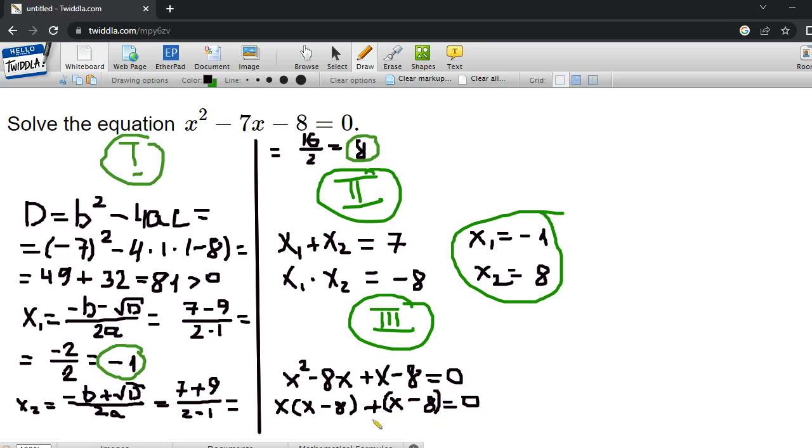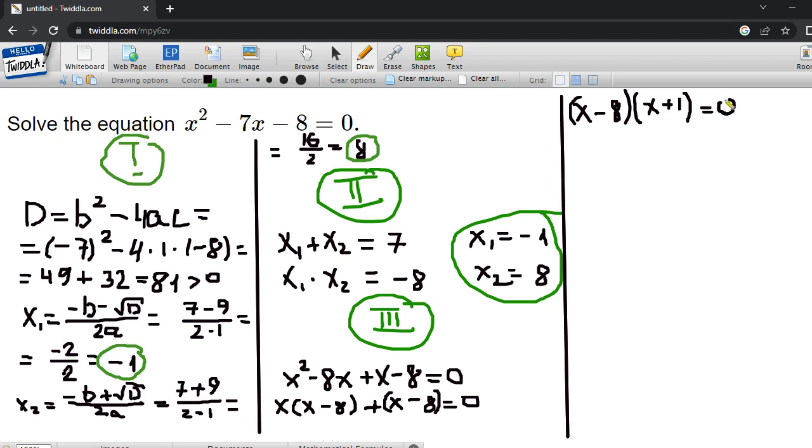Now I can take x minus 8 out of the parentheses and I will have the following: (x minus 8) times (x plus 1) equals 0.